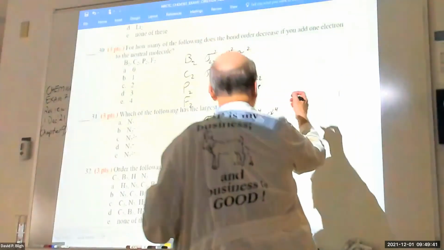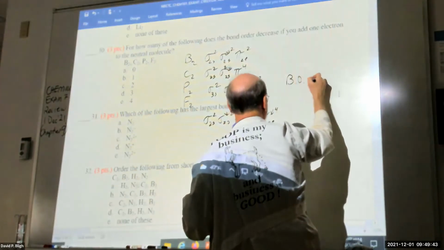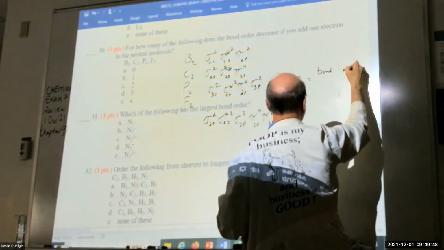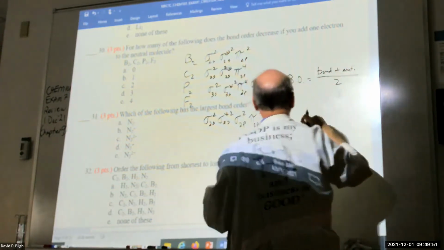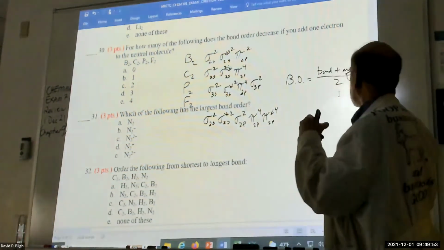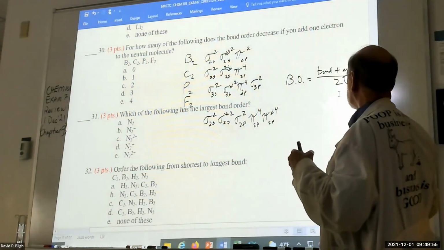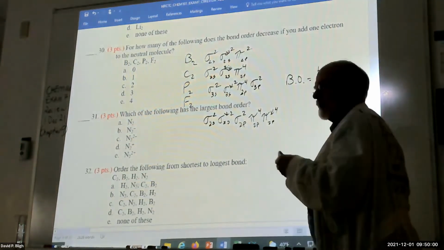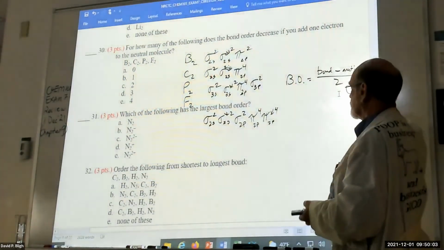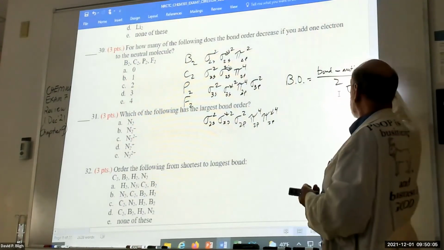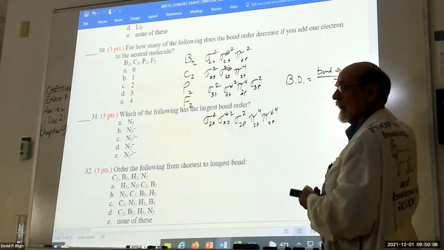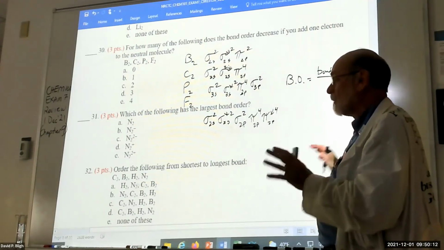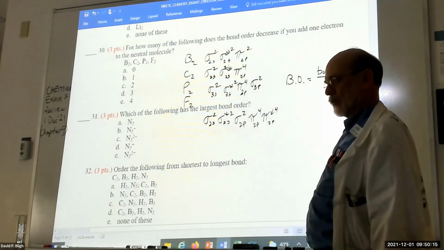Bond order equals bonding minus anti-bonding divided by 2. If you want to decrease the bond order, then you need to have more anti-bonding electrons than you did before. So if we add an electron to any anti-bonding orbital, it's going to decrease the bond order.